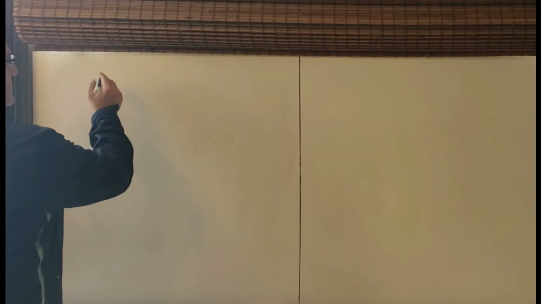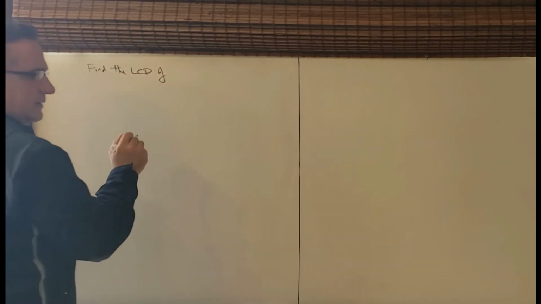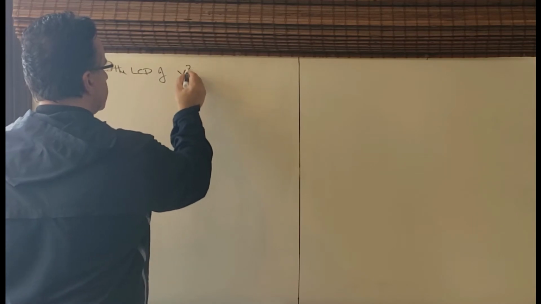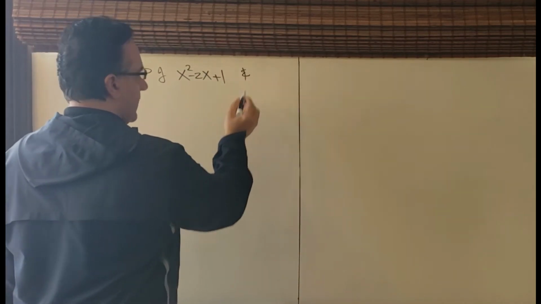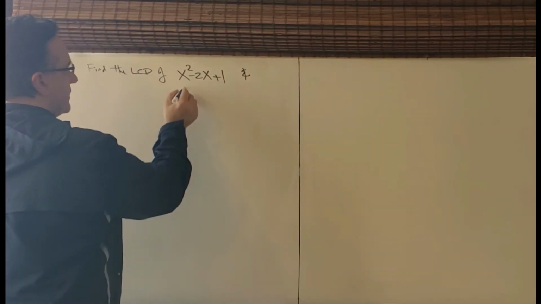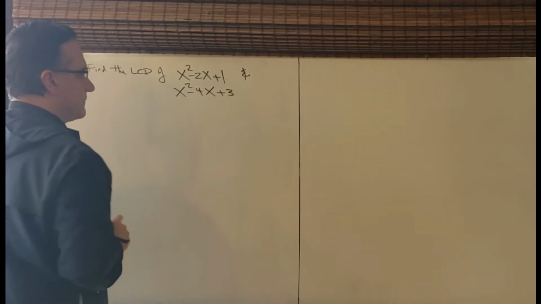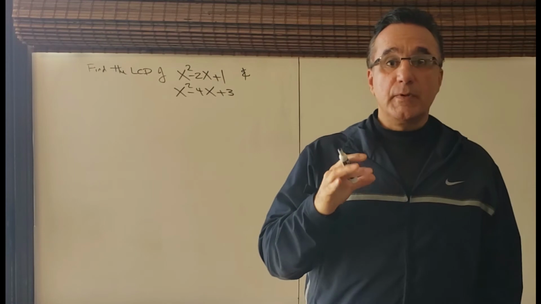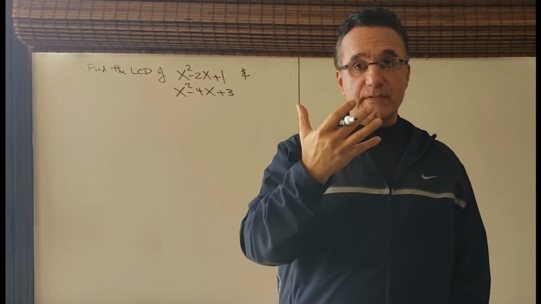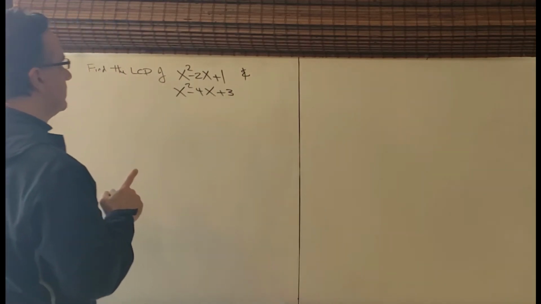Okay, let's try to find the LCD of these two expressions: x squared minus 2x plus 1 and x squared minus 4x plus 3. Okay, so the procedure is going to be the same, but this time we have to find the factorization of two variable expressions. So that's exactly what we're going to do first.